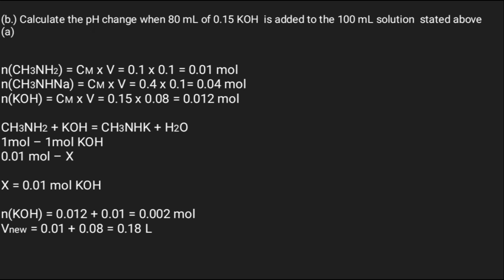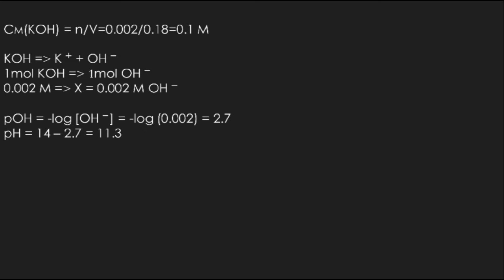Then subtract: 0.012 minus 0.01 is equal to 0.002 mole for KOH, and the new volume is 0.1 plus 0.08, which is equal to 0.18 L. Cm of KOH is N divided by the volume, that is 0.002 divided by 0.18, the volume, and that is equal to 0.01 M. KOH equals K positive plus OH negative. 1 mole KOH is equal to 1 mole OH negative. 0.01 M is equal to X, and equal to 0.01 M OH negative.